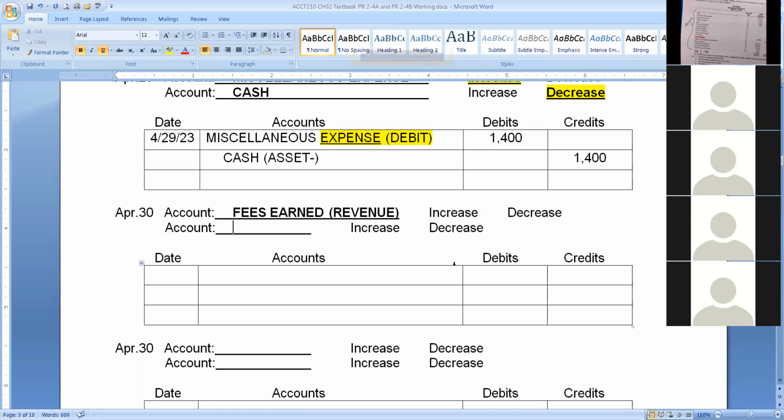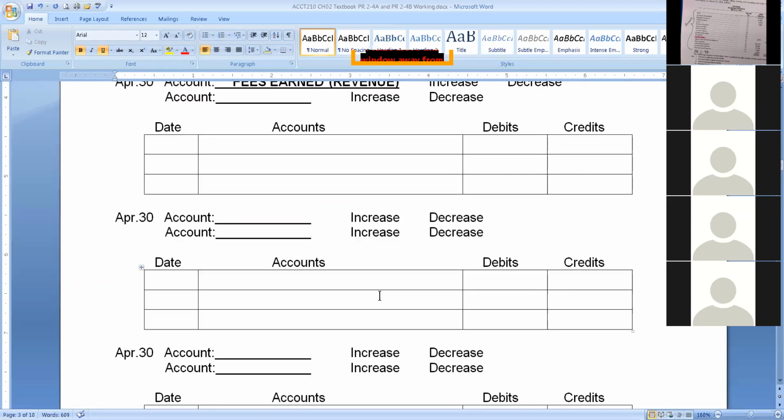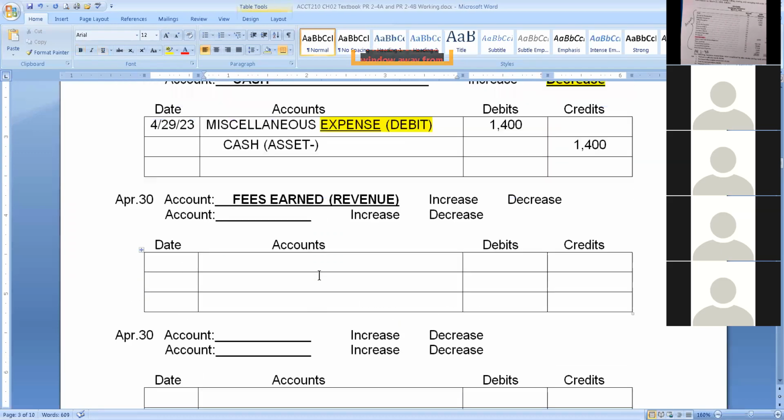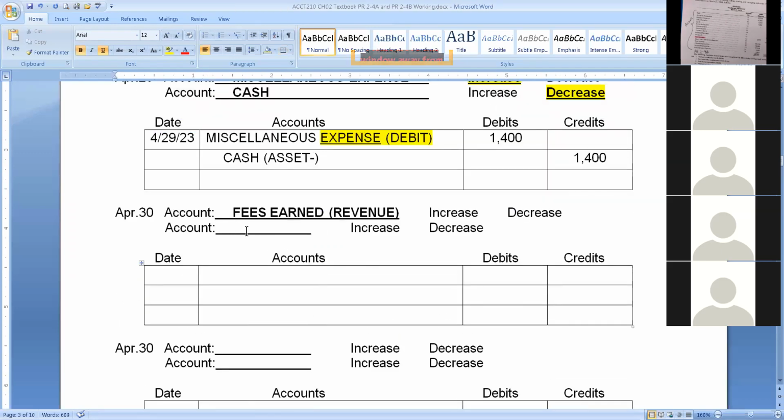Okay, so we billed the clients. Have we received the cash yet? Did we get the cash yet for this one? No, we didn't get the cash.